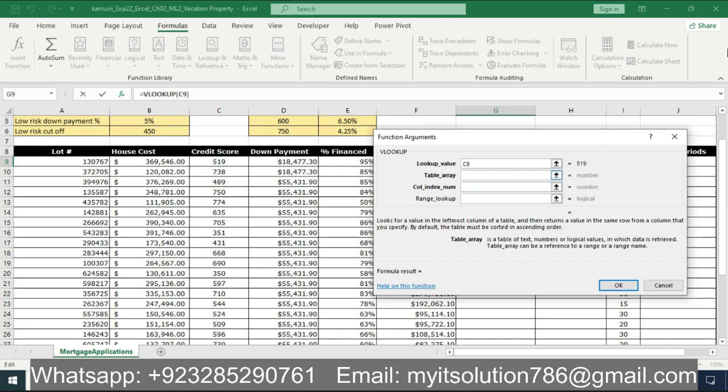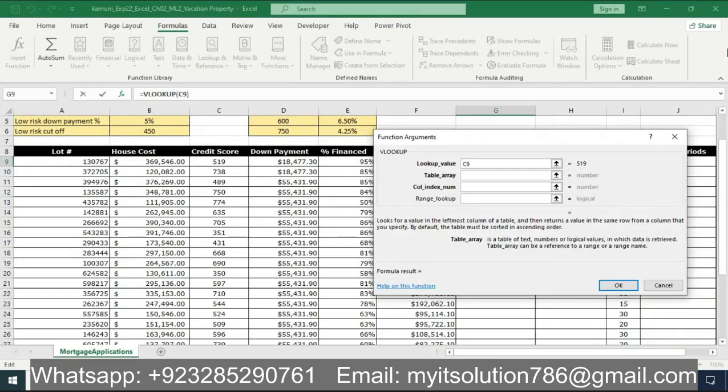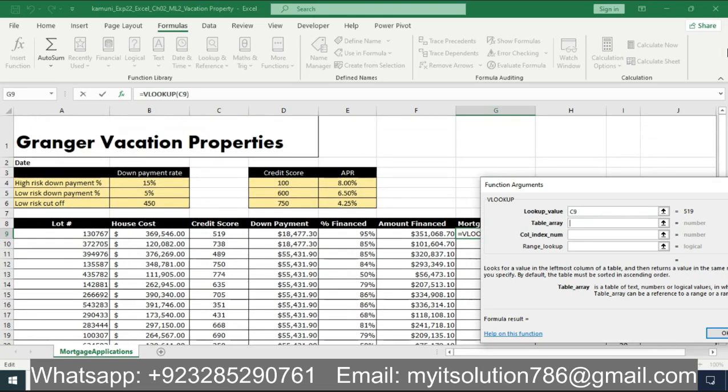and the table array is also given, D4 to E6. So D4 to E6, here is the table array, and the column index number is, here is the second column, so we put 2.